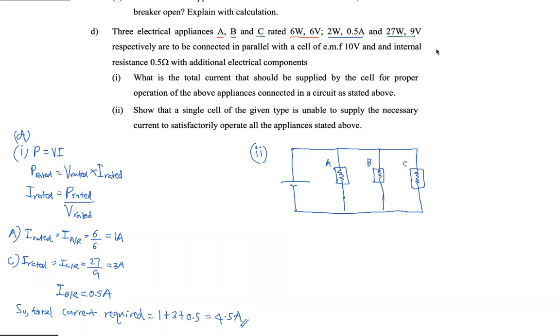Show that a single cell of the given type is unable to supply the necessary current to satisfactorily operate all the appliances. To satisfactorily operate all the appliances, the current through each appliance must be the rated current.